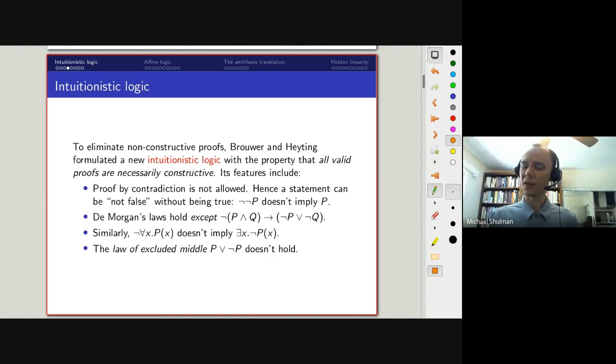The negation of a for all statement doesn't give you an exists because you haven't constructed such a thing. And the law of excluded middle doesn't hold because it doesn't give you a way to decide or construct a proof of either P or of its negation just by knowing that they're opposites.